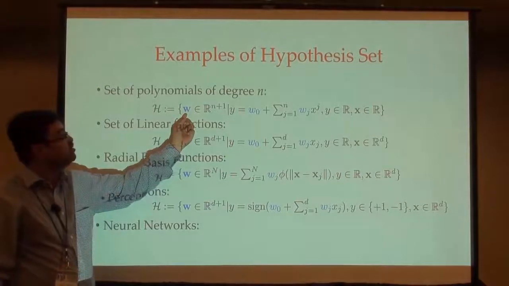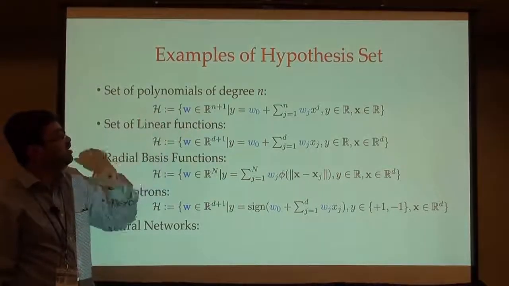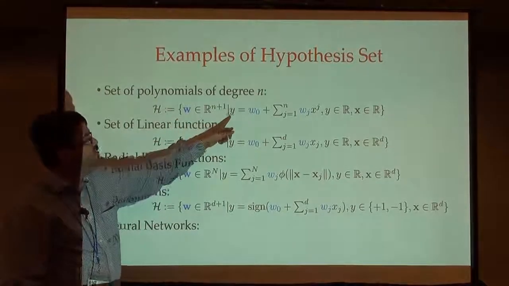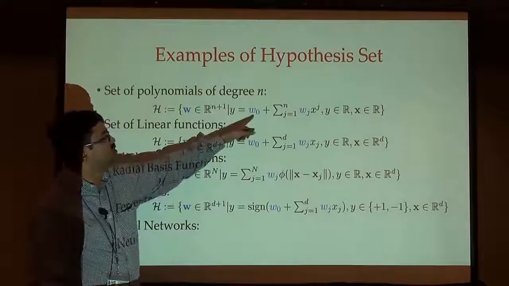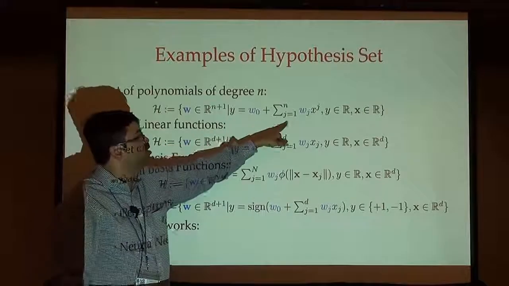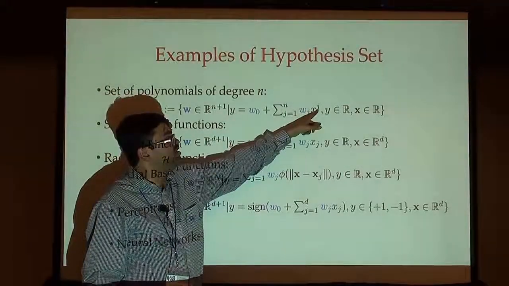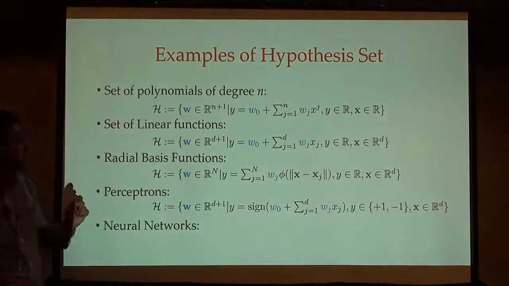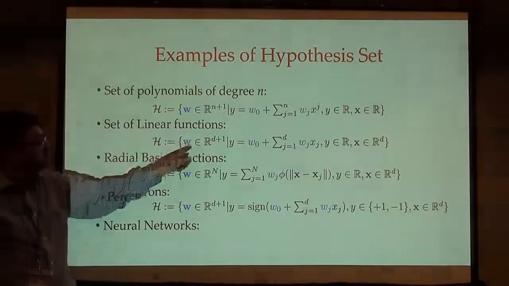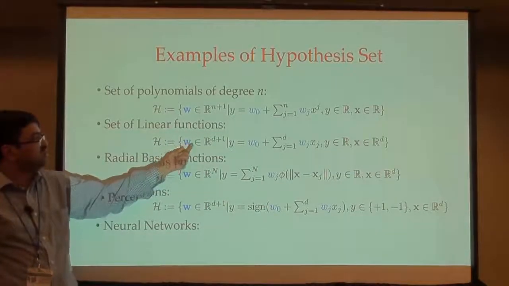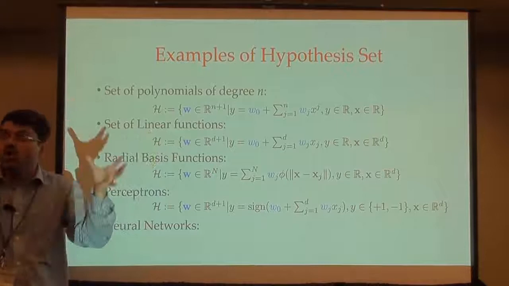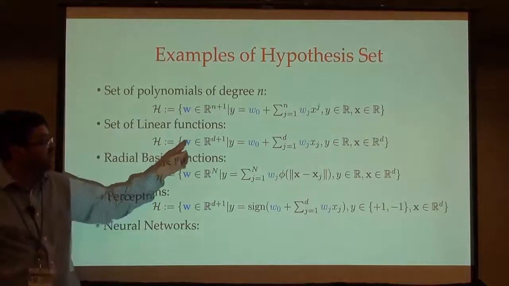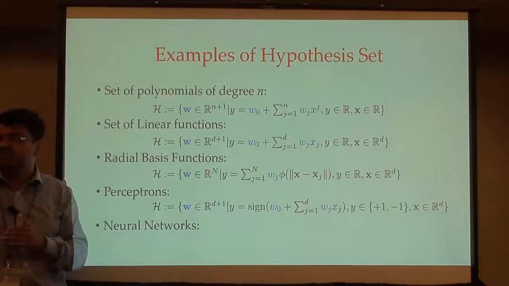If I read it in English, it is the set of all coefficients of the polynomial such that y equals w0, the constant term, the coefficient of 1, plus the sum of wj times x to the power of j. So it's an n-degree polynomial. Similarly, for the linear functions, I have written it in terms of the coefficients. So it is the set of all w, because I am representing the whole class of functions, not just a single function. If I change the weight, the linear function changes.